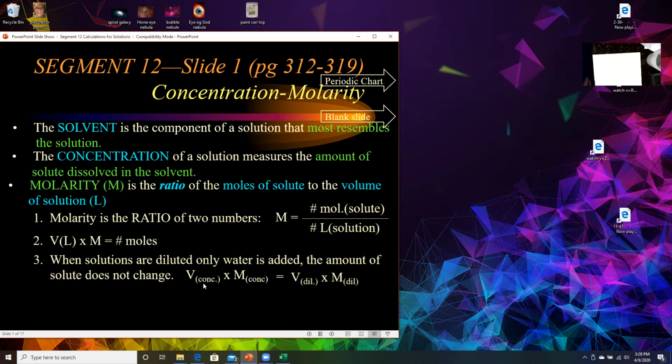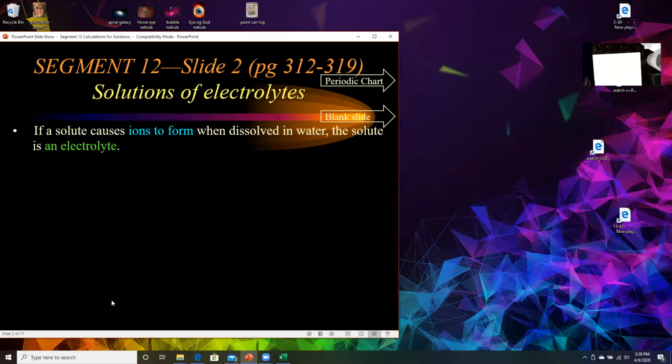So we use this in mixing up solutions of a certain concentration that we might want to use in a reaction. This would be the concentrated on the left side and the diluted sample on the right side. So we can solve for whatever we need to from that relationship.